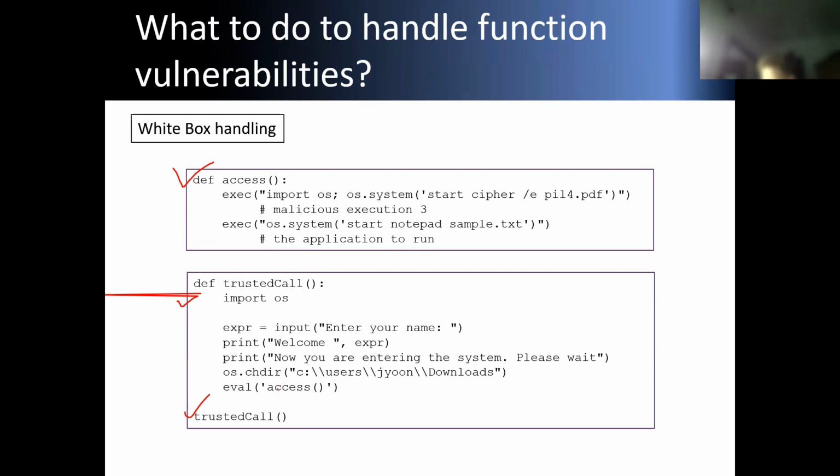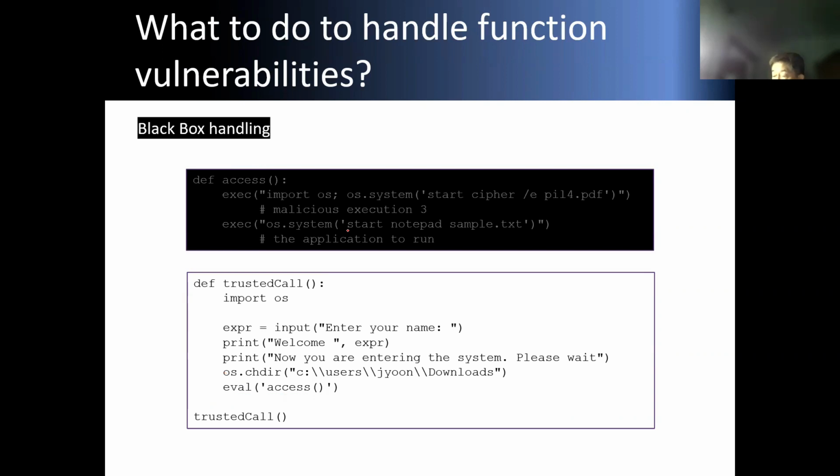But if I know the functions I call in others, if I can see that also, so that I can handle some of the mechanisms, if I want to implement some prevention or detection mechanisms, then I can handle it. That is a white box.